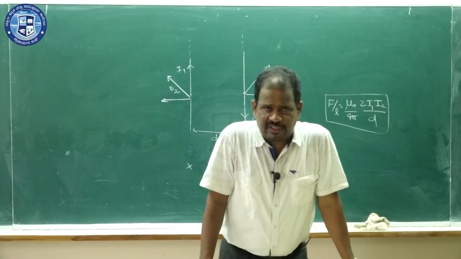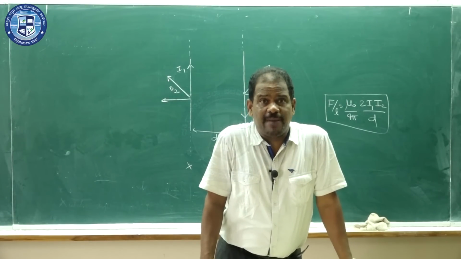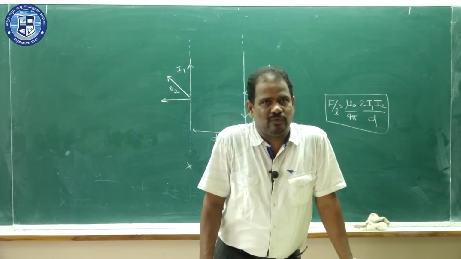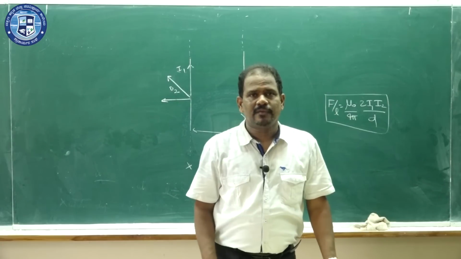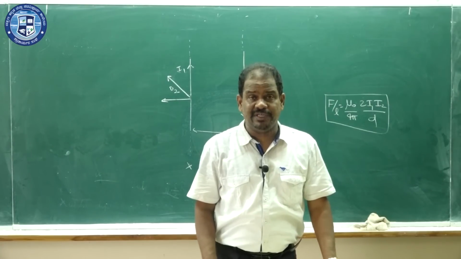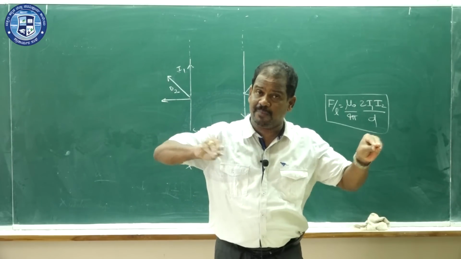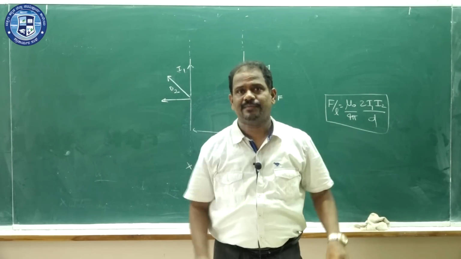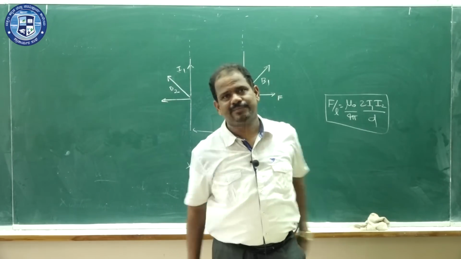If the current flows in the same direction, the force is attractive. X is pulled towards Y, Y is pulled towards X. If the two currents flow in the opposite direction, it is repulsive. X is pulled away from Y, Y is pulled away from X. The two conductors go away. Same current direction, towards; opposite, away.